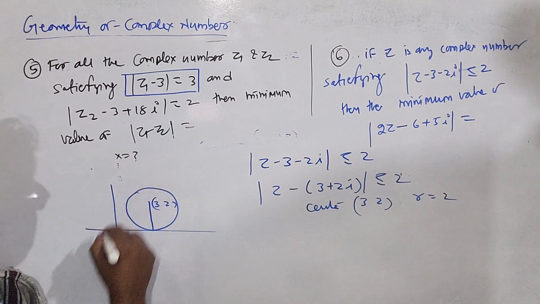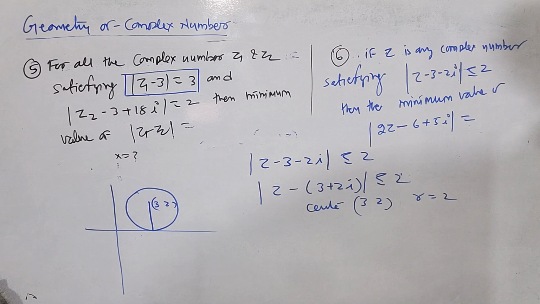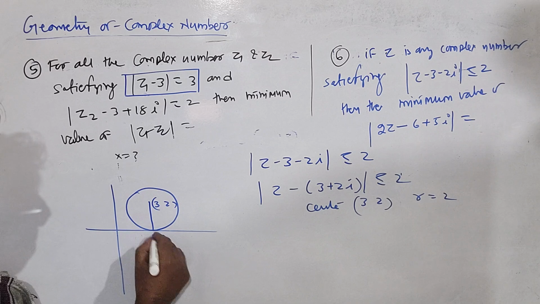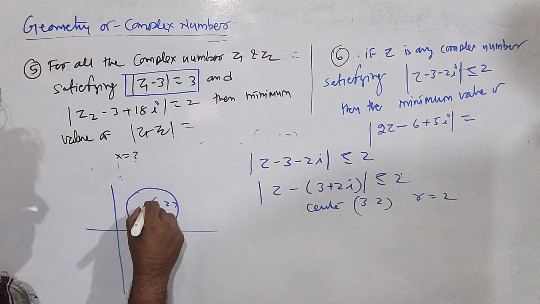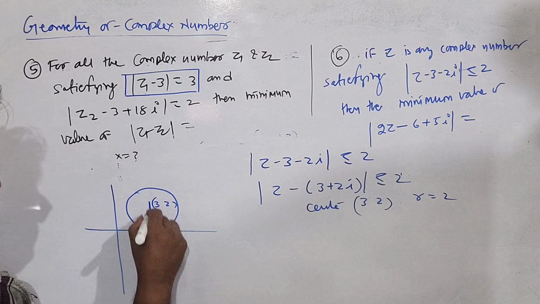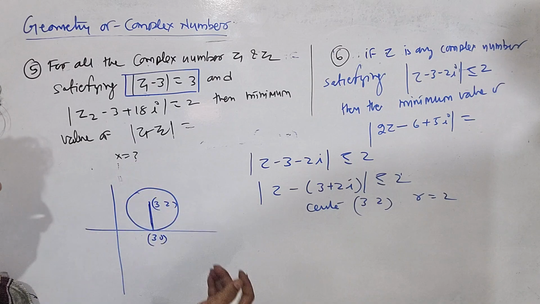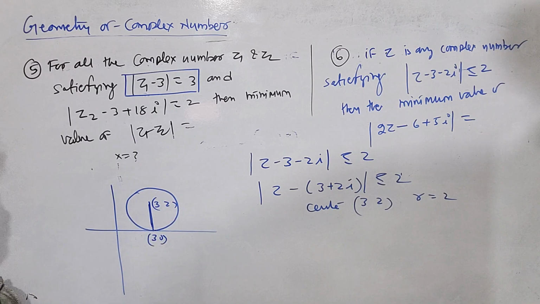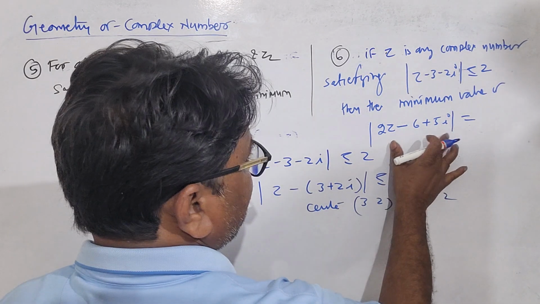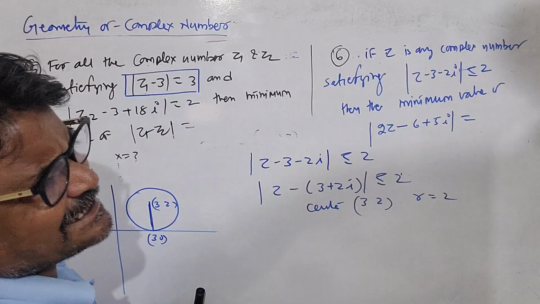From coordinate geometry I can say that this point is (3, 0), this distance is 2, and the radius is already 2, therefore this is going to touch the x-axis. Got it? Now you have to find the minimum value of this, which represents a distance.